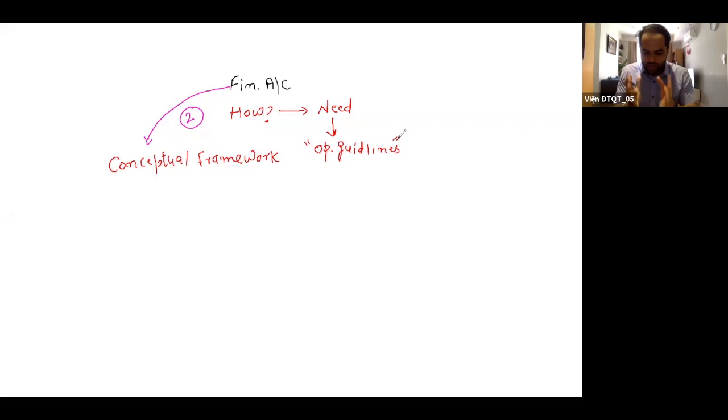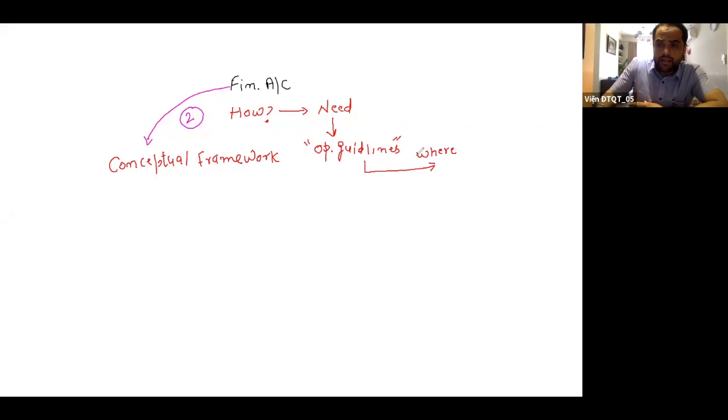We need to understand what are the principles to prepare financial statement. How can we do that? So we have some specific principles, right? Operating guideline. But now the question is from where these guidelines come from.